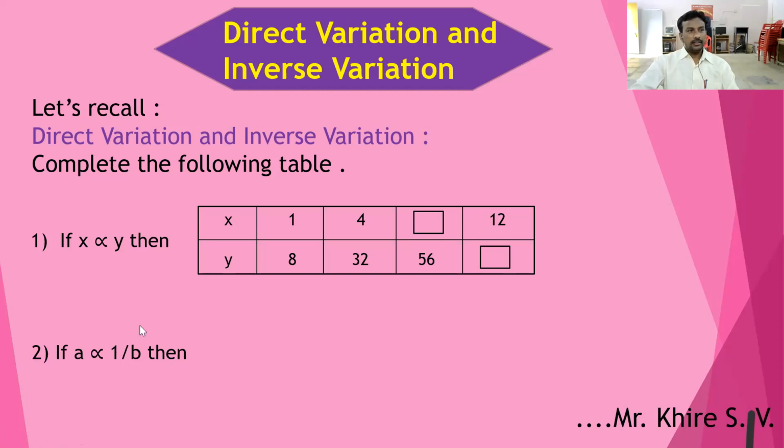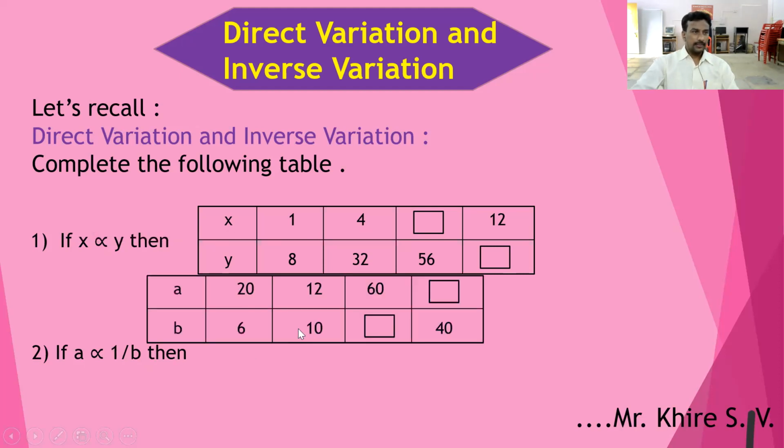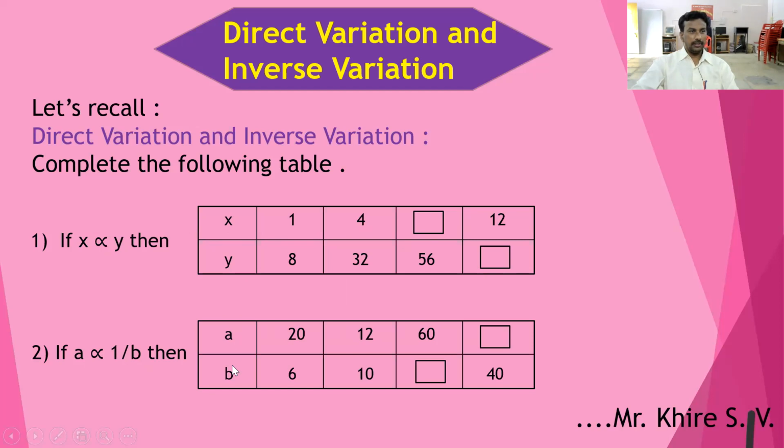Similarly, this is direct variation, and the second example is of inverse variation. If A is inversely proportional to B, that is A is proportional to 1 upon B, then again find the value of A and B. Value of A is 20, B is 6.